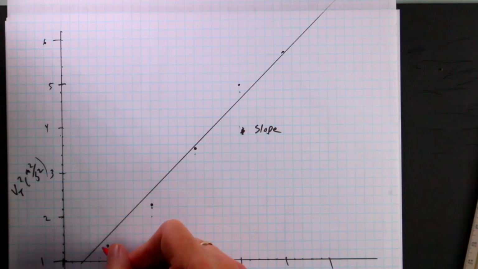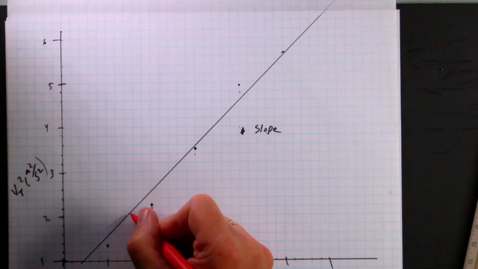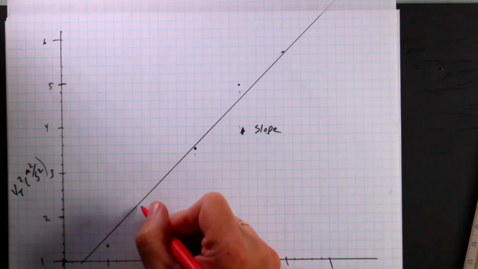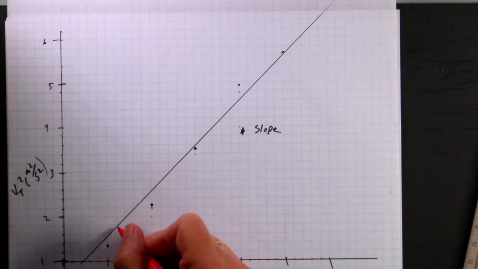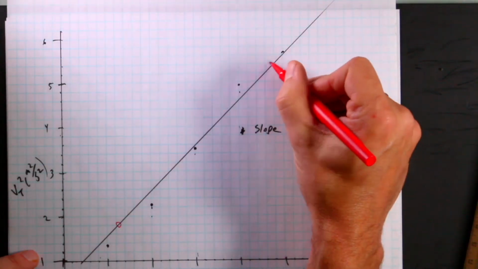Okay, I'm going to have to just approximate here. Not easy. Let's pick this right here. And then up here, that one looks good.